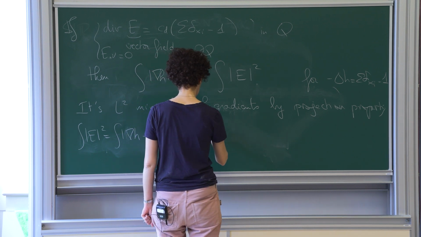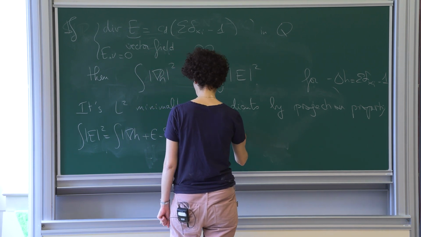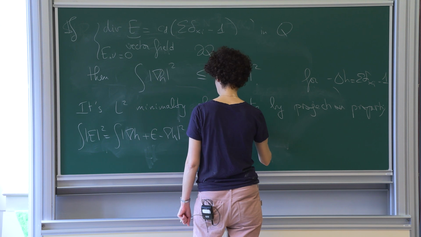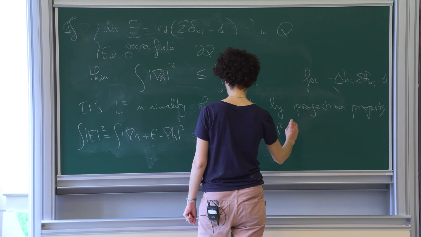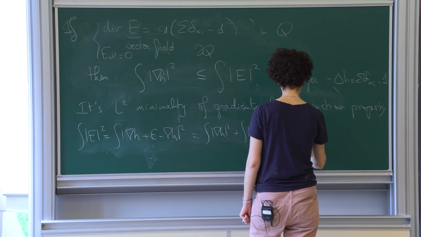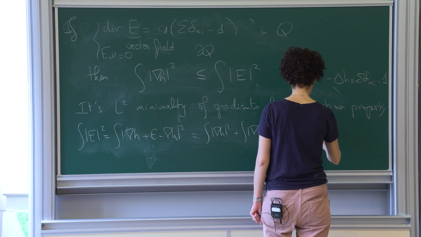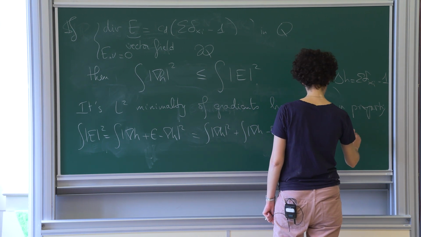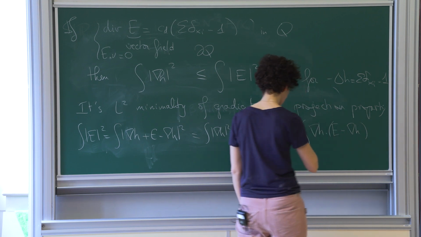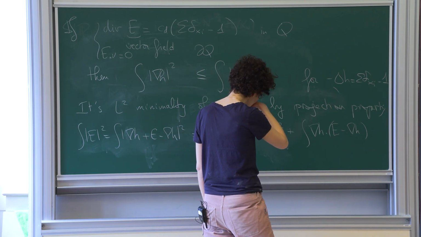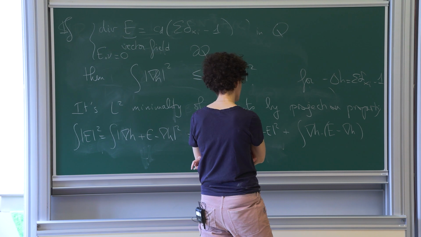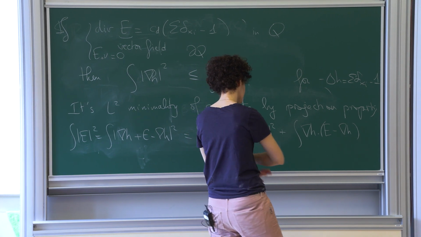Okay, so there is going to be grad H squared. That's good. A positive term. And then a term that's the integral of grad H dot E minus grad H, which you want to integrate by parts. And this is where maybe I did it the opposite way. What did I do? No, it's good.